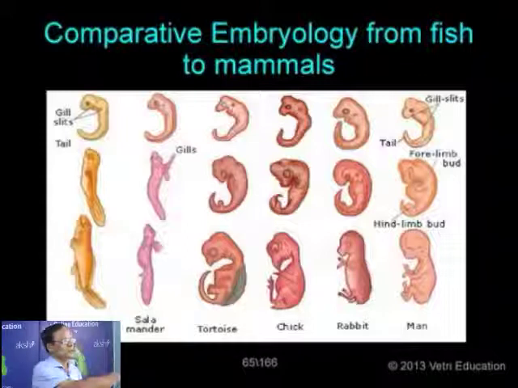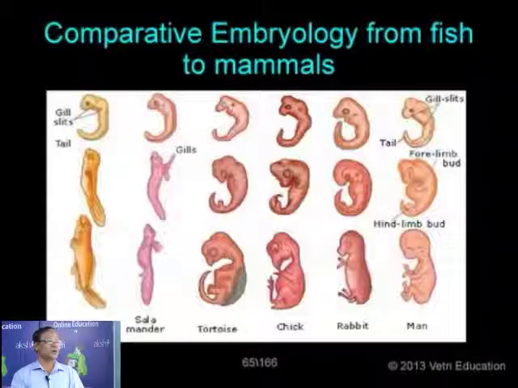In all cases, you see that the first stages more or less resemble each other. You cannot differentiate the first stage of a fish, salamander, tortoise, chick, rabbit, or man. So this indicates that they have descended from a common ancestry.